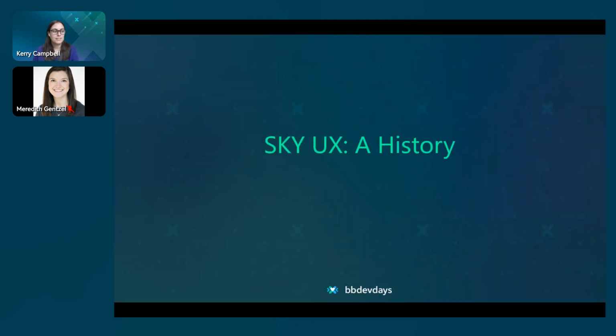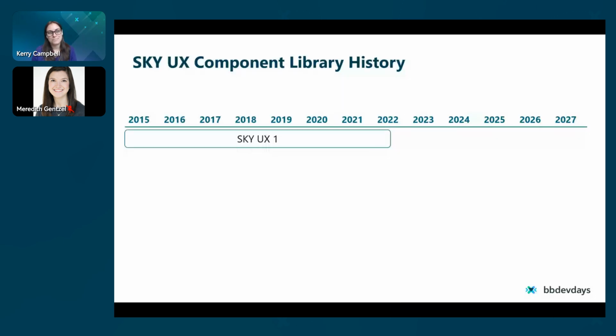All right, so a history lesson. SkyUX components have been around since 2015, when the initial library was created. That was built on AngularJS, and it was around until we finally turned it off in 2022. It was an older Angular framework that it was built on.